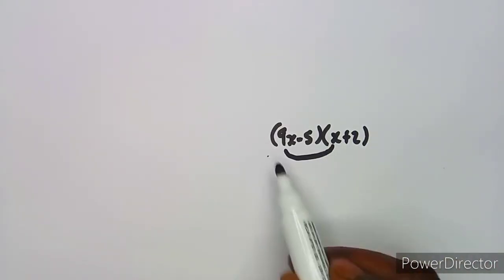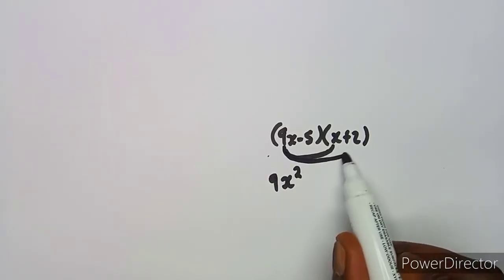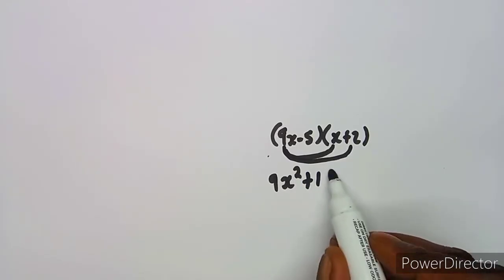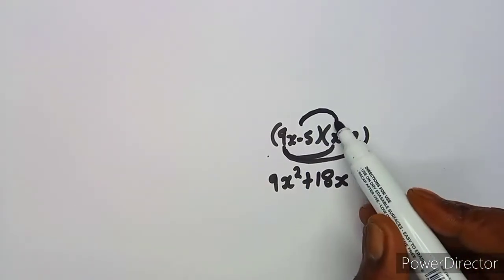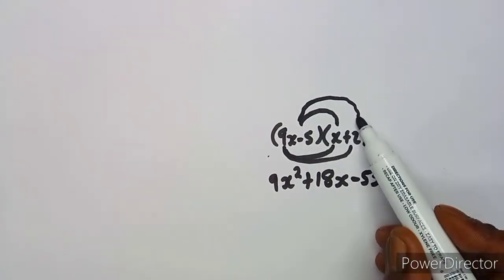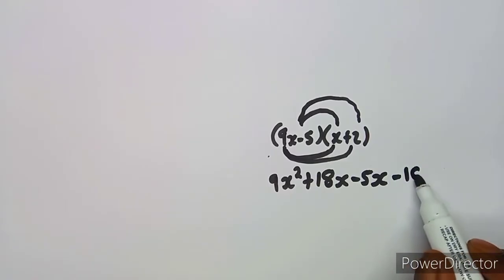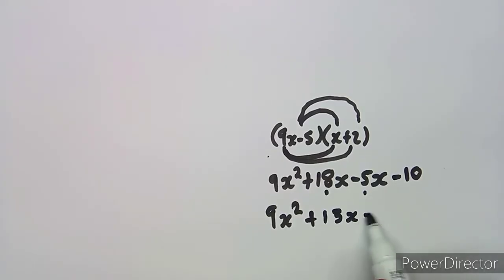That's 9 and x, which is 9x squared. 9x and 2, 9 times 2 is 18, so it's 18x. All right, minus 5 times x, which is minus 5x, minus 5 and 2, which is actually minus 10. All right, so we're gonna collect like terms here, which is 18 minus 5, which is 13. So this is going to give us 13x minus 10.